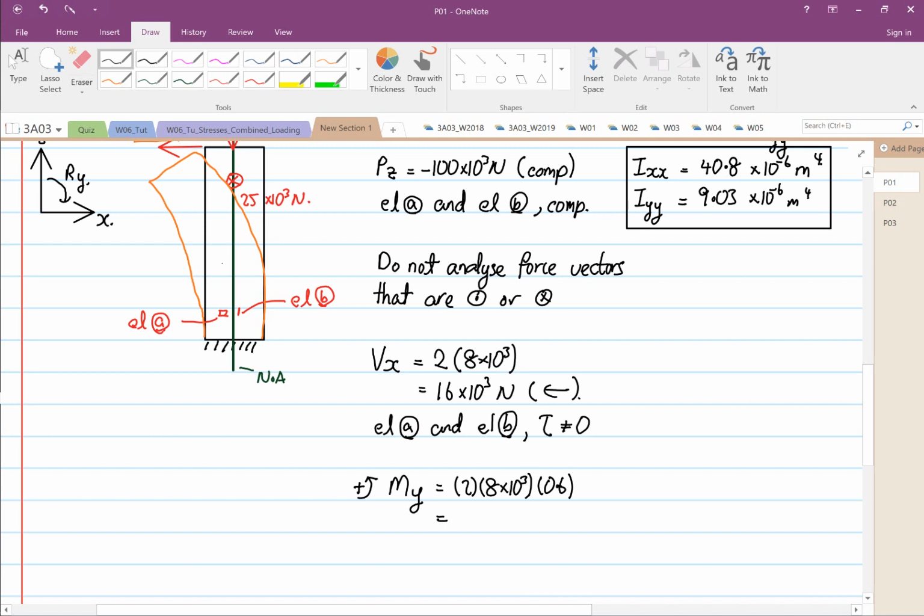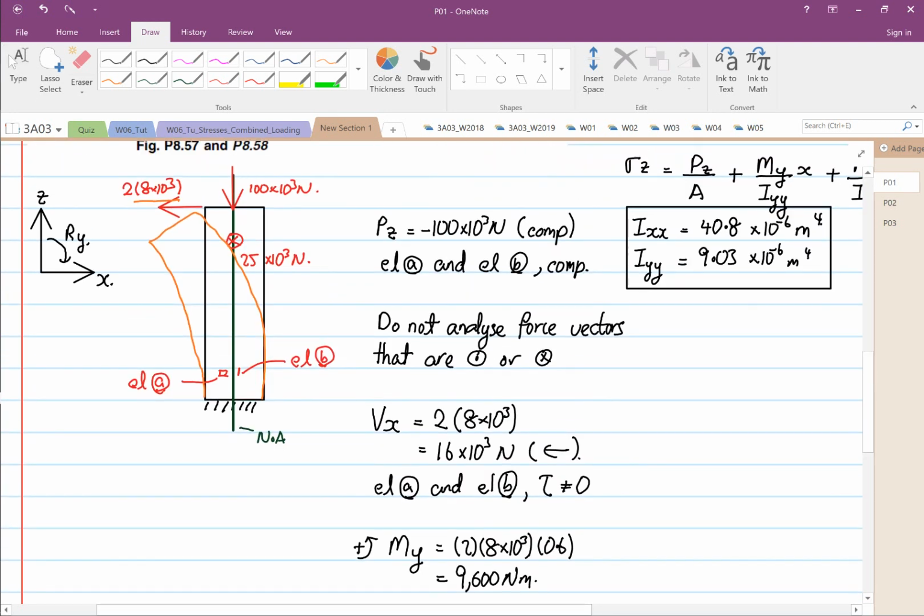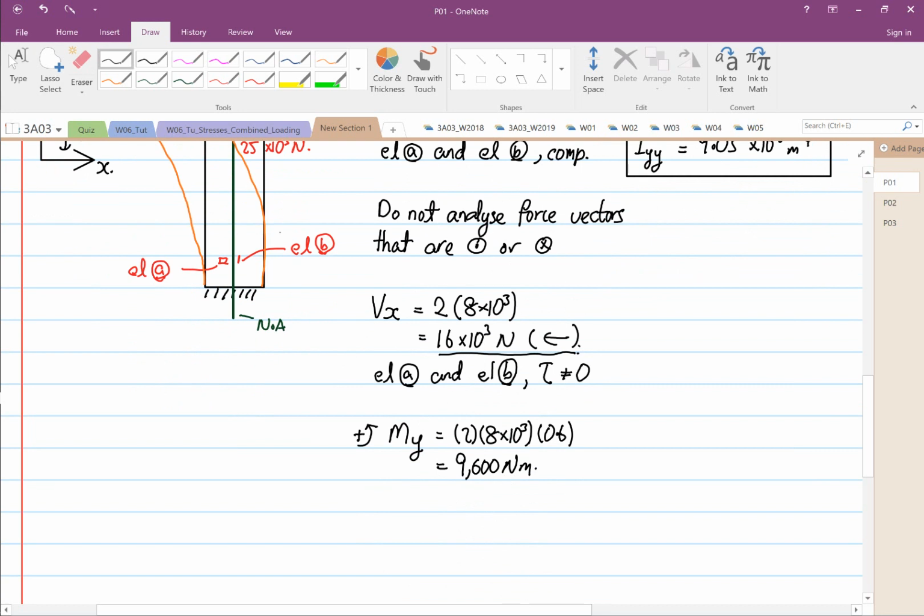Calculating this, 2 times 8 times 0.6, you get 9,600 Newton meter. This is an important value, and we know that it will be going anti-clockwise.